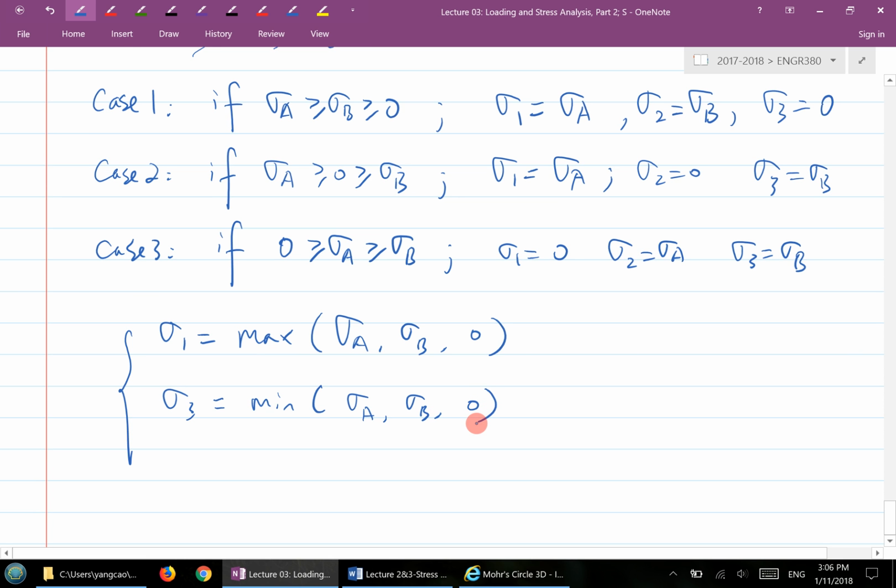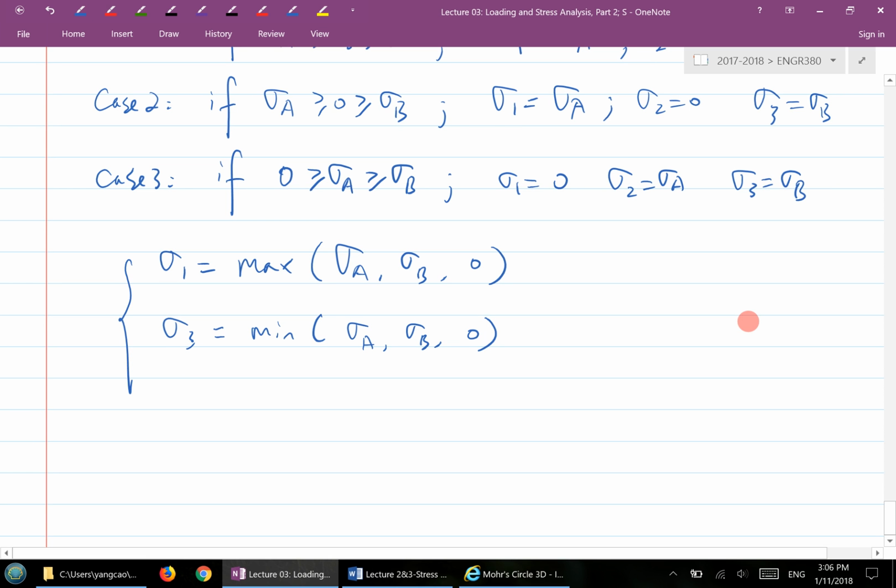You'll see this formula in some of the Excel files that I give to you for future computations. Once you get sigma 1 and sigma 3, you can calculate sigma 2 using this formula. So that's how you get sigma 2 in terms of programming.